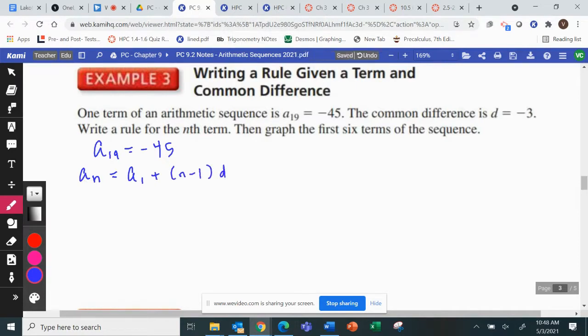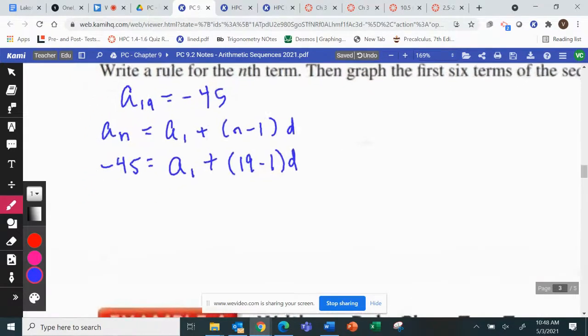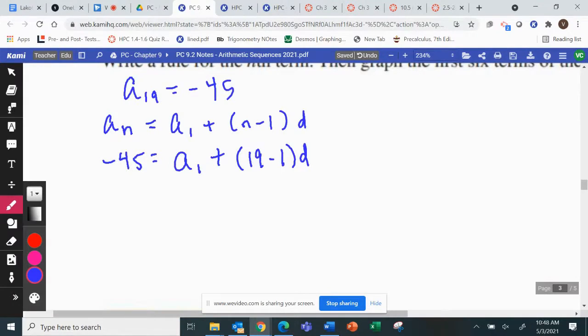And I can plug in the information that I have. So a sub n would be a sub 19, which is negative 45. A sub 1 I would not know, but I know that n is 19. So I'm plugging in the 19 into the n spot, and a sub n is what it equals, negative 45.